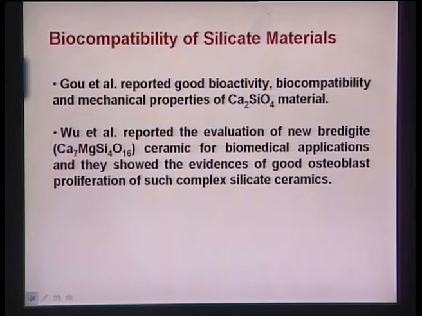There are some literature reports, mostly from Chinese researchers, who found that for Ca2SiO4, the calcium silicate materials, good bioactivity, biocompatibility and mechanical properties were reported.